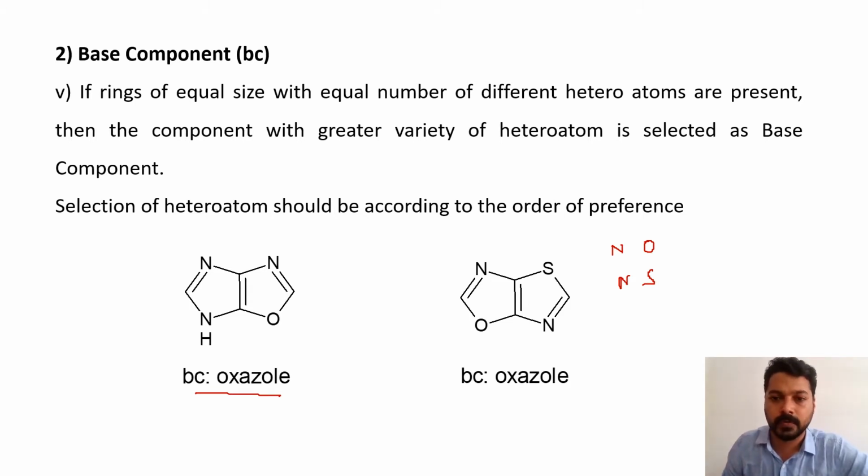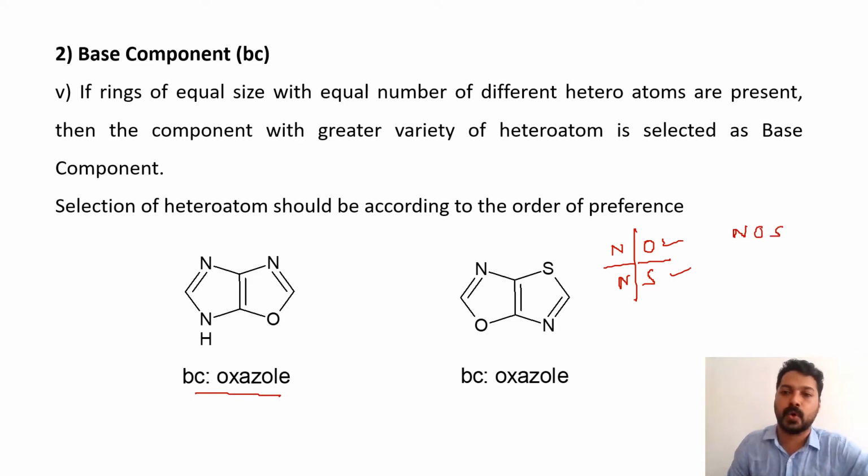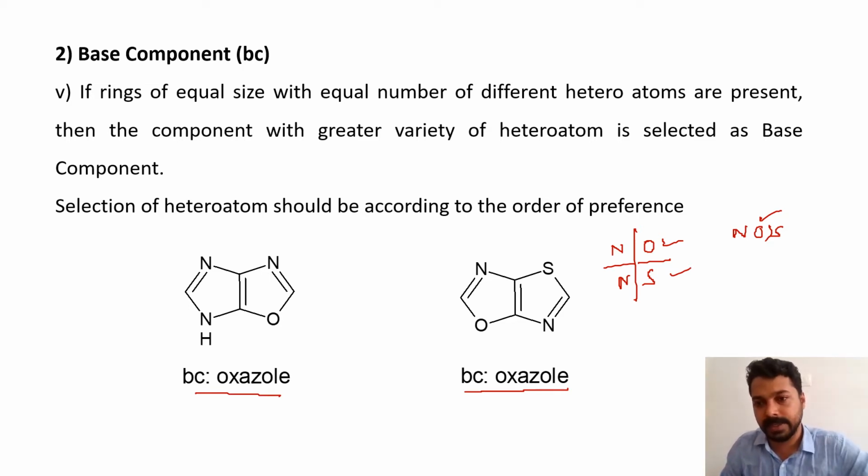But in the order of preference, oxygen comes before sulfur. Since both contain nitrogen, if you remove nitrogen, the priority goes to oxygen, because in selecting the base component the order is N, O, S. So oxygen will come before sulfur, and oxazole becomes the base component instead of thiazole.